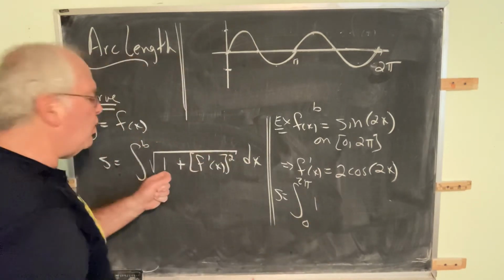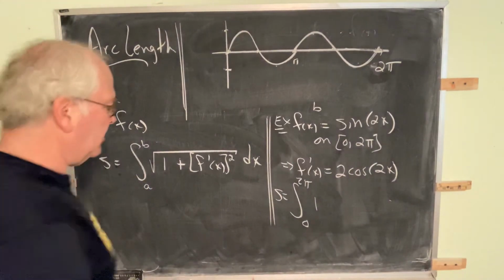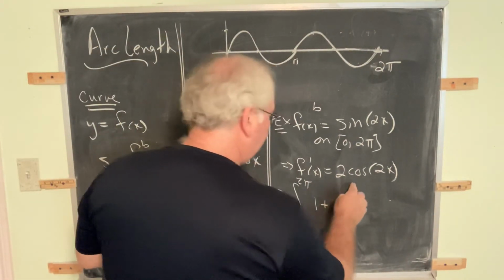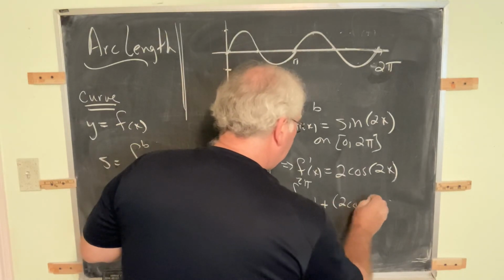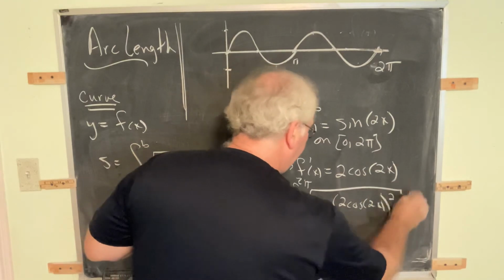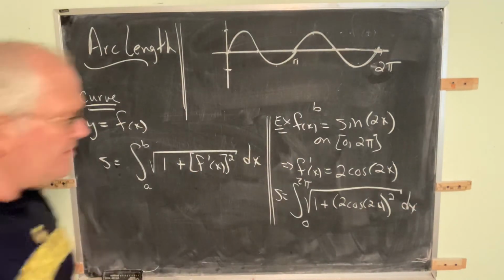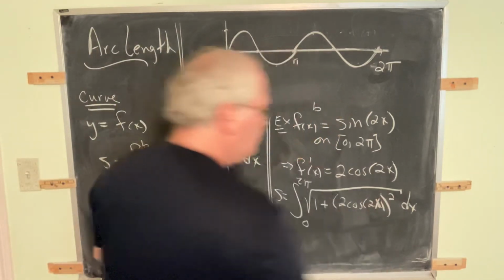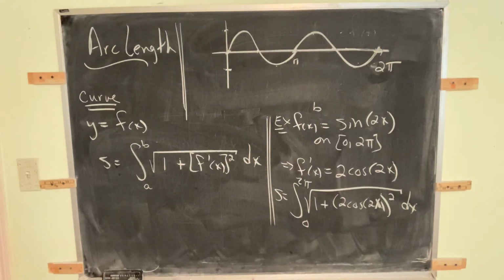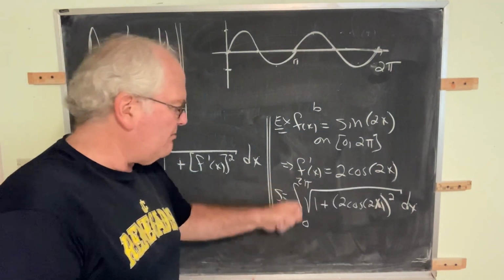This 1 is always there; it arises from the algebra that led us to this formula in the first place that we're going to forego discussion of. And then I need the derivative, so this is 2 cosine 2x, quantity squared, square root of the whole thing, dx, and you're out. All I'm going to ask of you is to set up an integral which finds that arc length: square root of 1 plus derivative squared, integral from the endpoints of the partition.